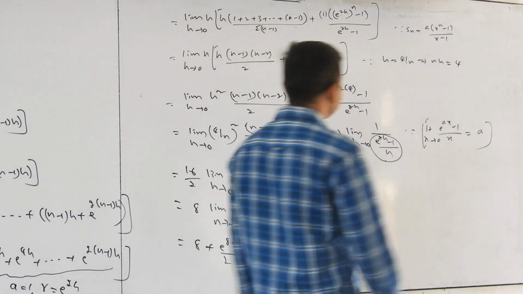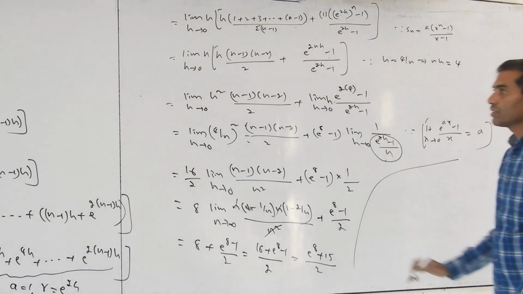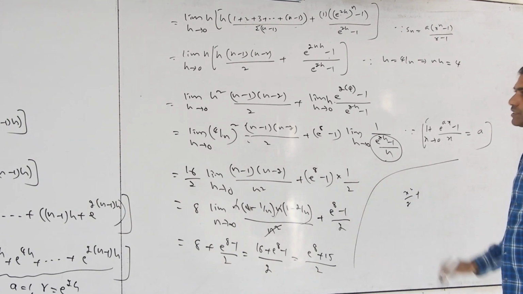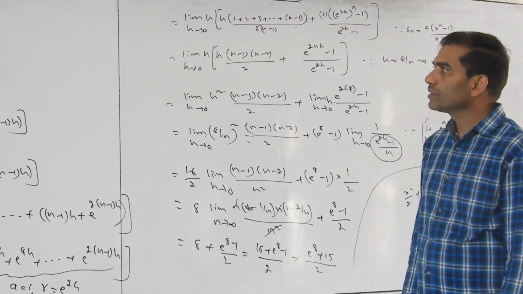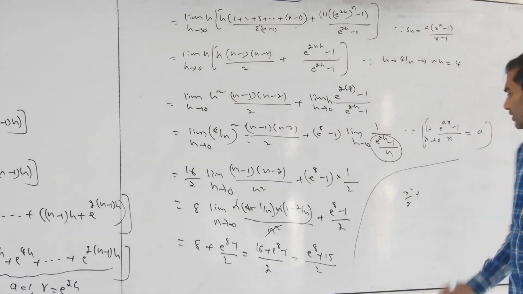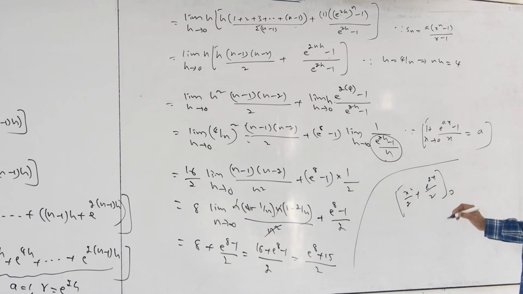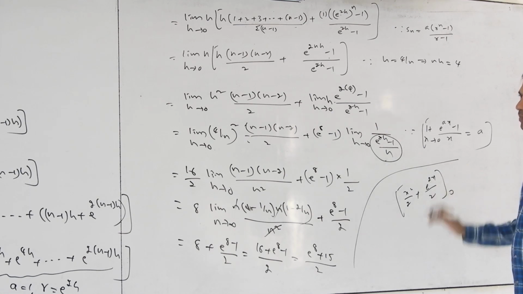Let us verify. Integration of x square by 2 plus e power 2x. Integration of e power 2x is e power 2x by 2. Lower limit is 0. Upper limit is 4.